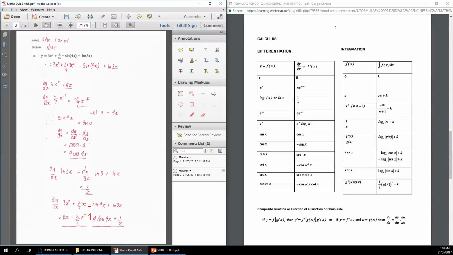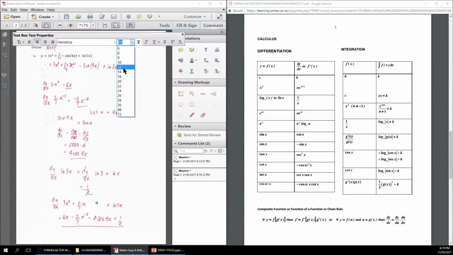Oops, -1. Okay, so let's click out there and let's make that a bit bigger. Okay, like that, and that's way too big. So let's select that and let's go Control E, and then we'll change the size of that to 10. Or that might be a bit small. 12. No. 14. That's a bit better, and we'll make it red.